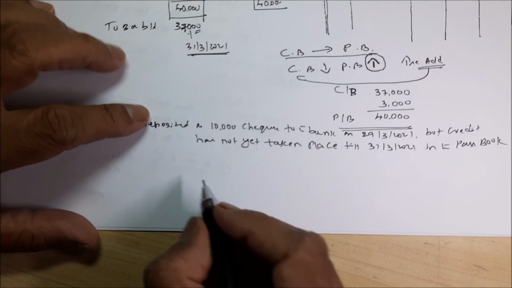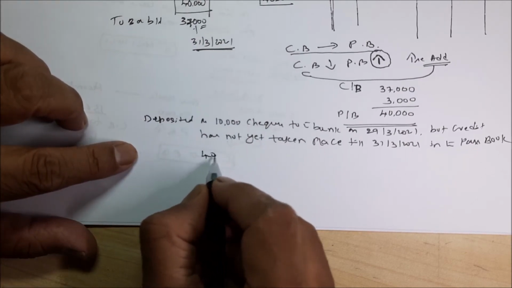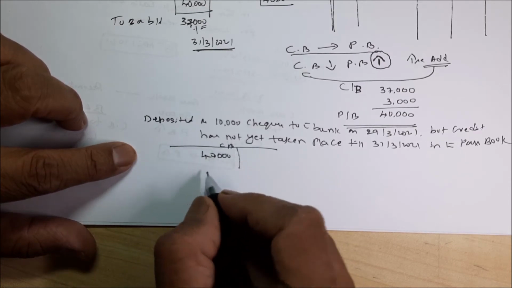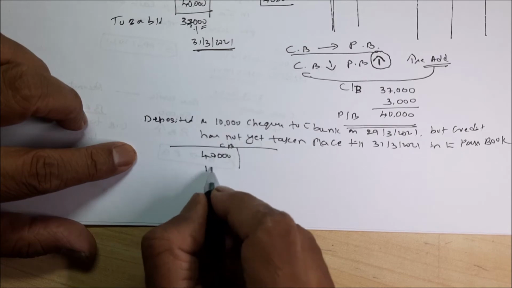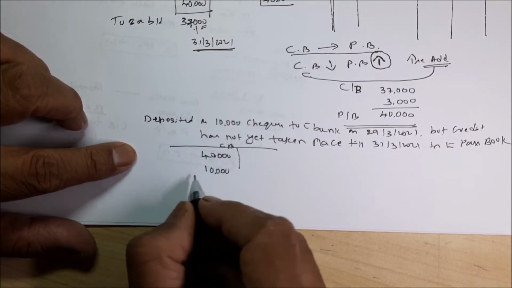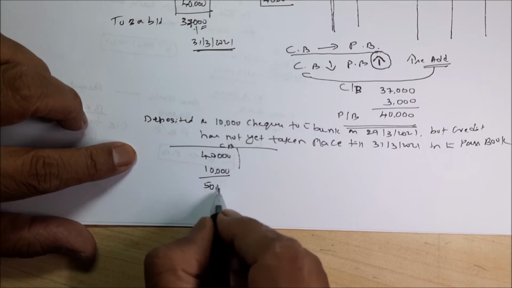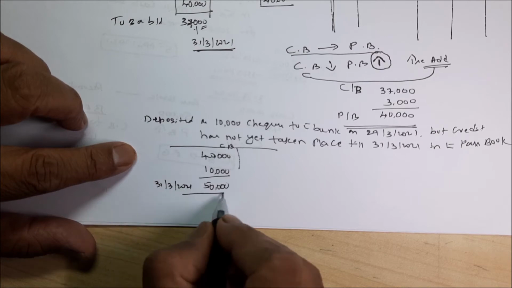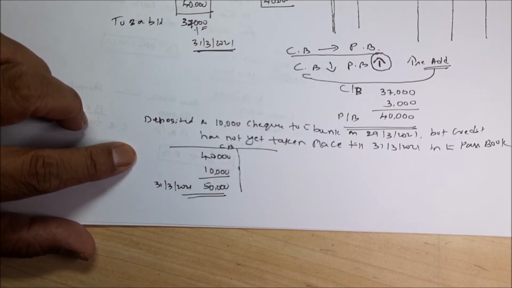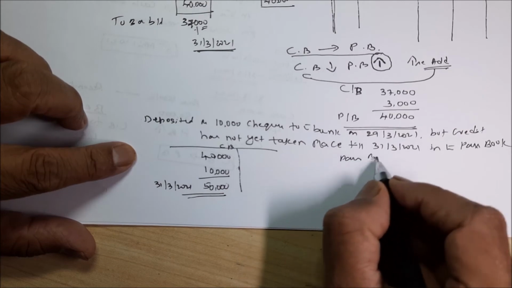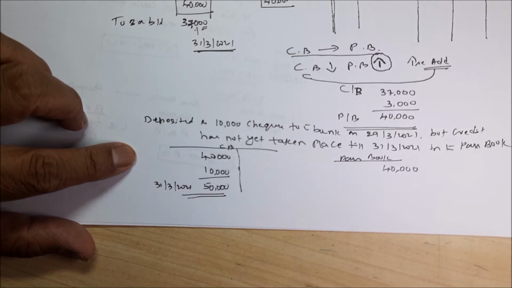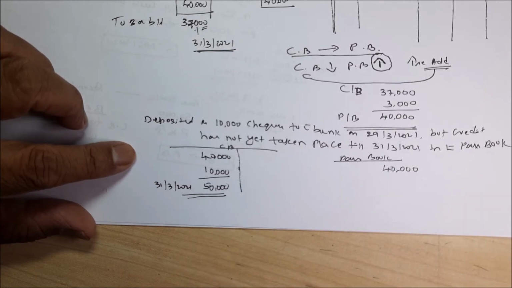Let us take the same: say we had 40,000 rupees in the cash book. When you deposit another 10,000, you add it, right? So you feel you have a balance of 50,000 on 31/3/2021. But the passbook balance is showing only 40,000, because it has not yet been credited.